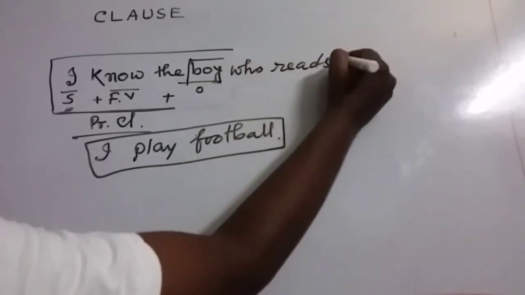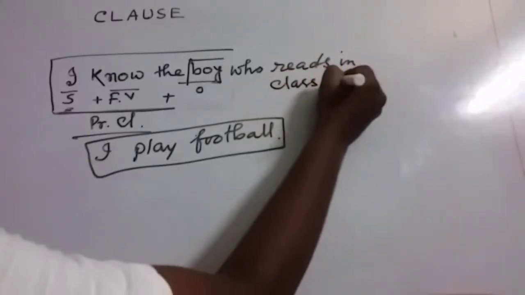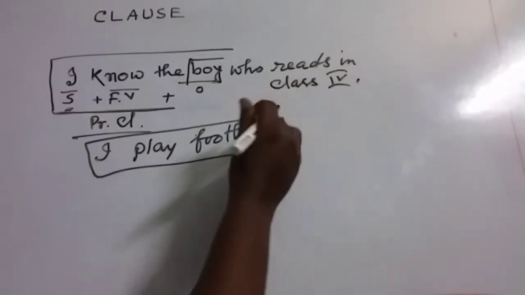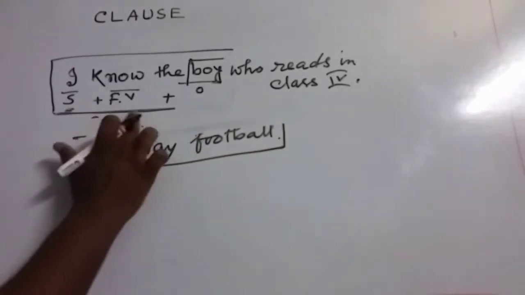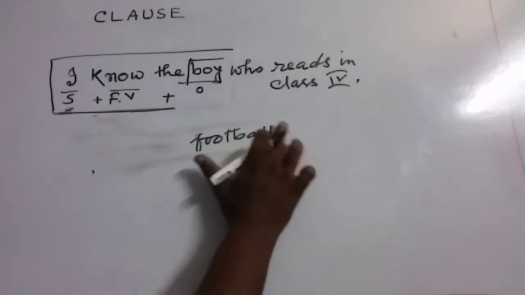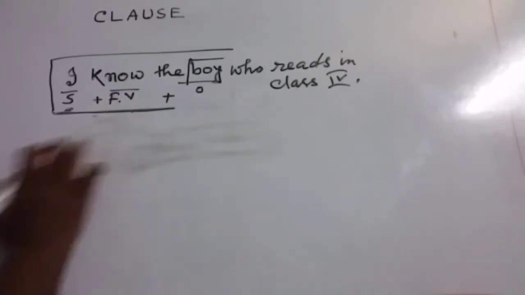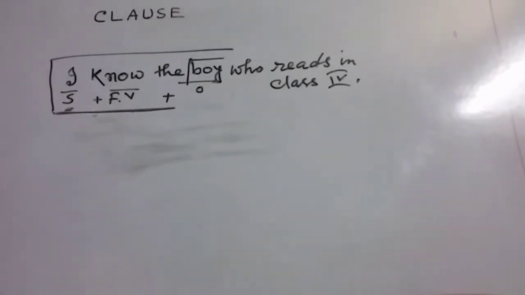Look at this sentence, who reads in class 4. Here we have just expanded the sentence. Actually, the clauses, or better to say the subordinate clauses, help to extend the sentence. Here we have done the same thing.